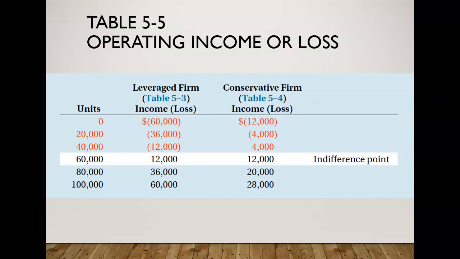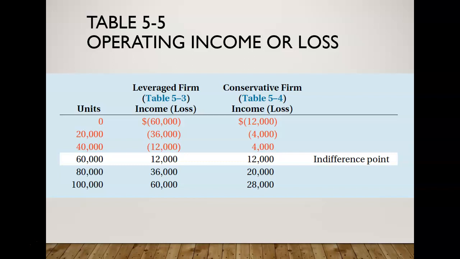Same can be said at 40,000 units. Now the conservative firm is making a profit, but the highly leveraged firm is still losing money.